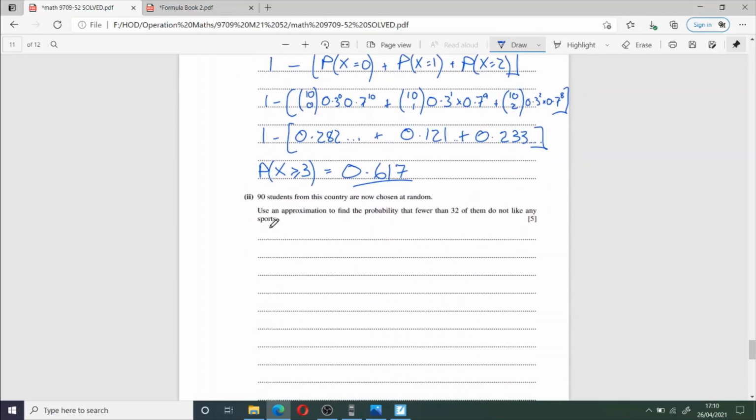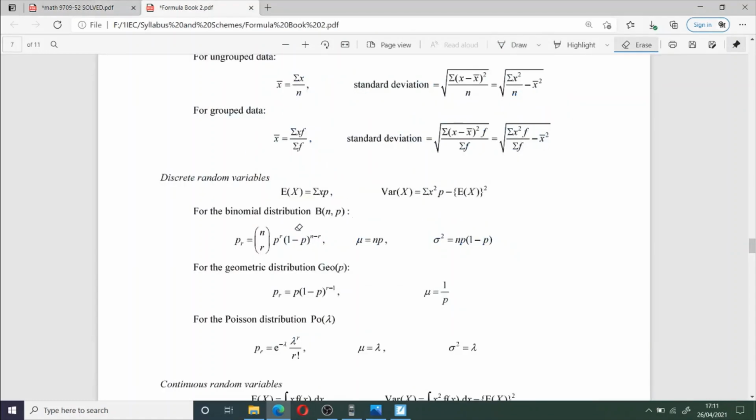So our probability is still 0.3 and our number is 90, and we somehow want to turn this into a normal distribution where we want mu and we want sigma, the standard deviation, squared.